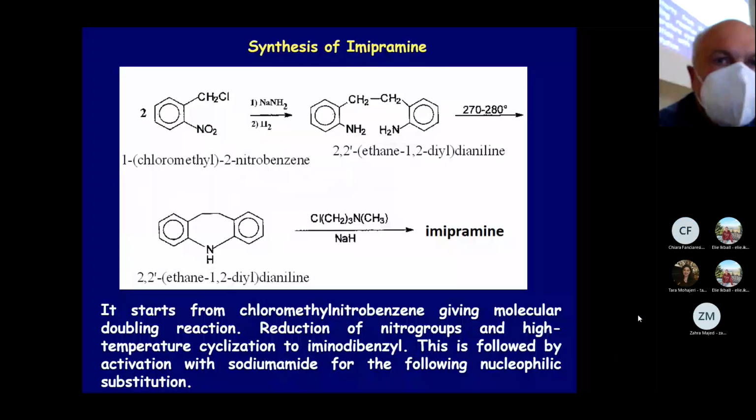The first synthesis of today is the synthesis of imipramine. Imipramine, we have already described its activity, is able to inhibit the reuptake of several neurotransmitters, so it is a not specific reuptake inhibitor.